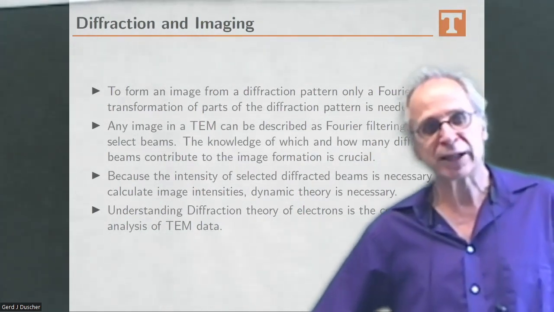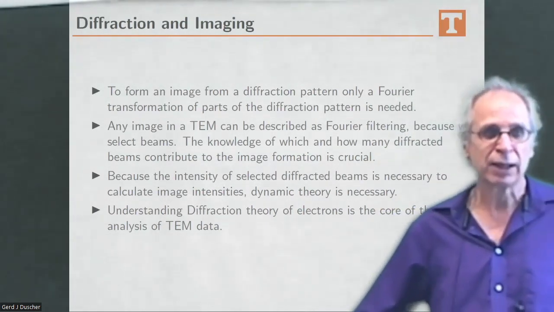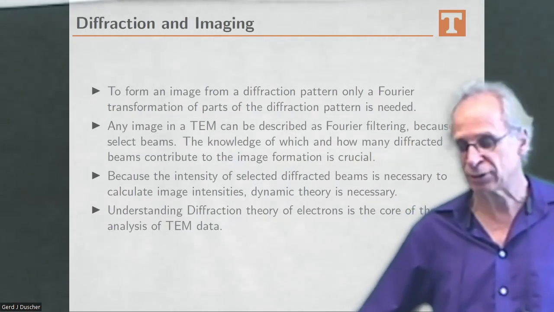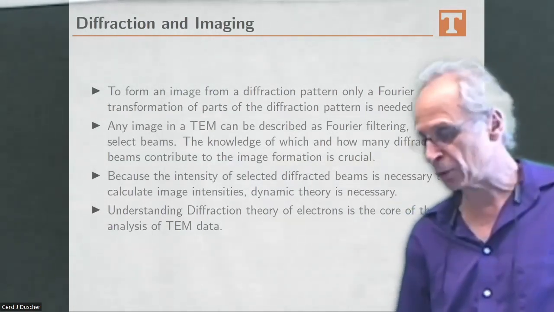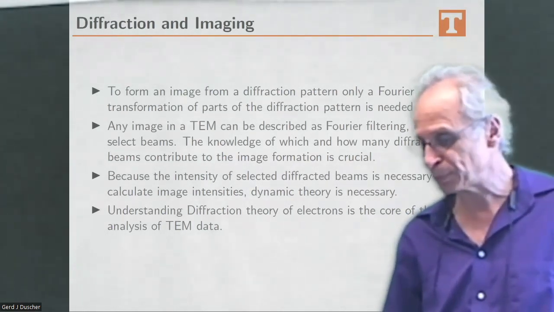So the diffraction is the key of that. And if you don't understand diffraction, you throw away 90% of the information, right? So we really have to talk about diffraction.